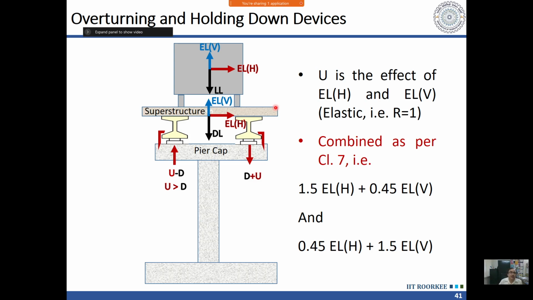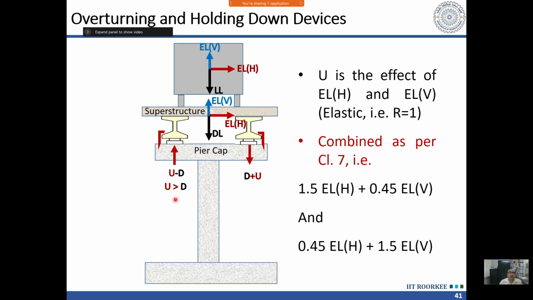Now regarding the restoring force, the code says that we have to consider only dead load. So that we cannot overrule. I am not very sure why the live load is not considered for calculating the downward load.